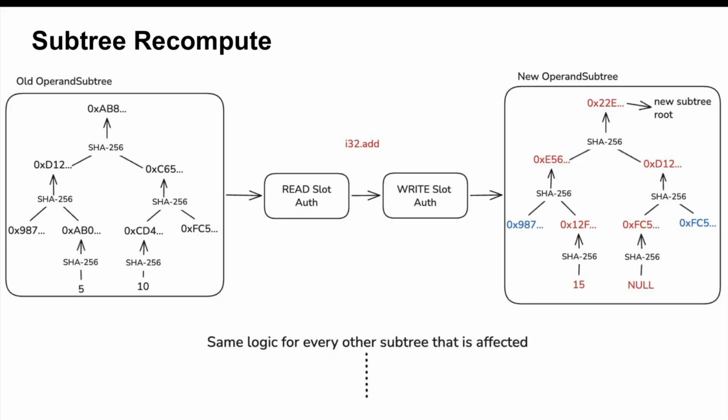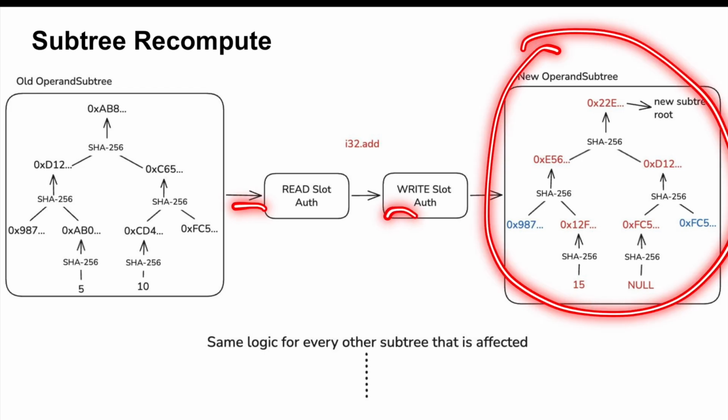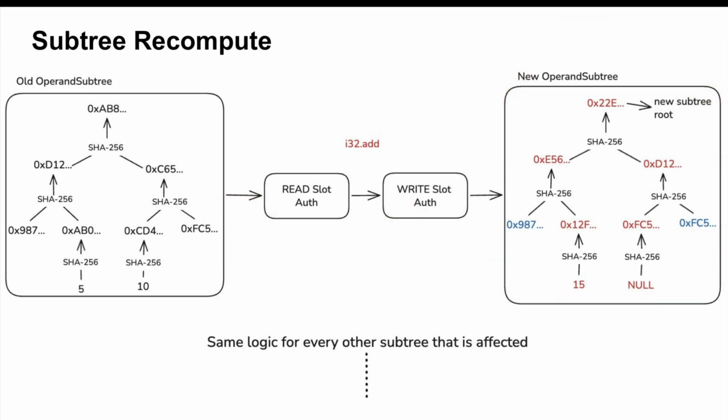And one of the last important steps of the OSP is, in the end, after both read slot authentication and write slot authentication, we have this new operand subtree, and we do the same thing for every subtree that's affected by this operation.